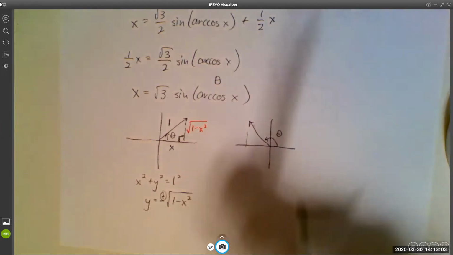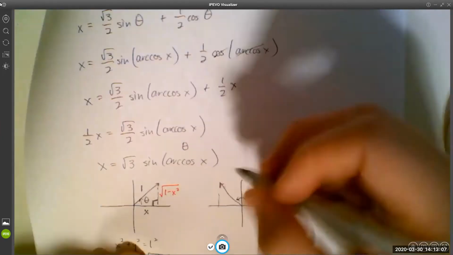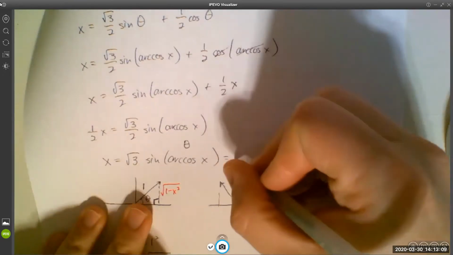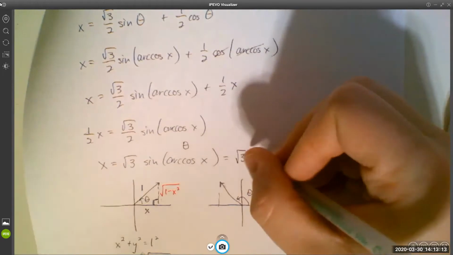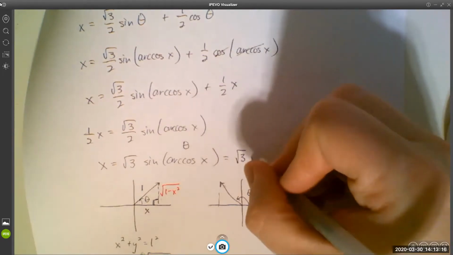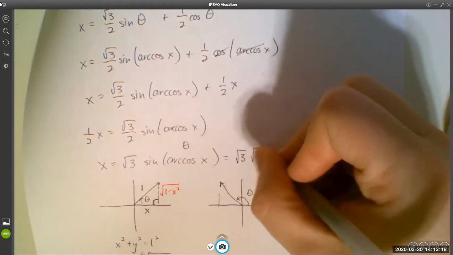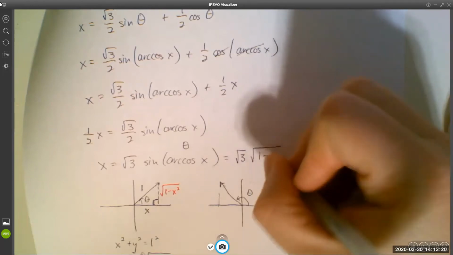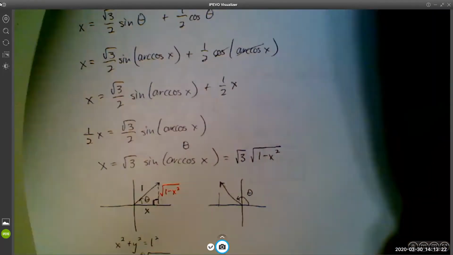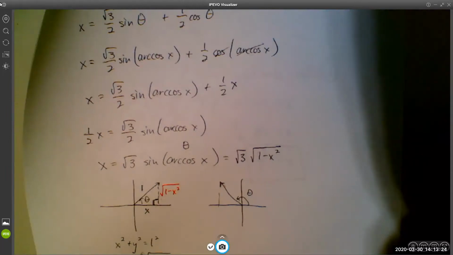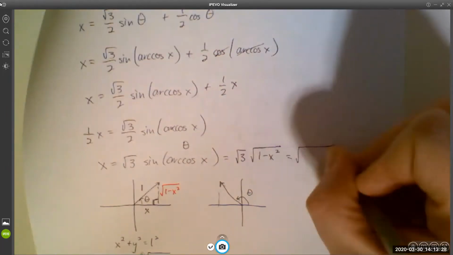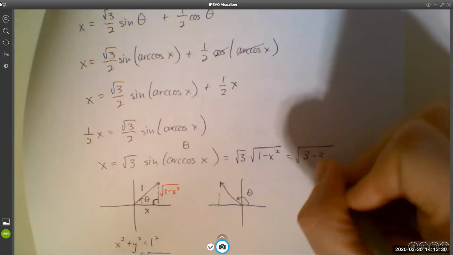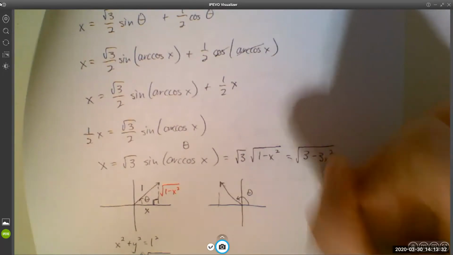So coming back up to finish my problem up at this step, I would say, all right, so this equals square root of 3 times square root of 1 minus x squared. Or I could distribute the 3 and call it 3 minus 3x squared.